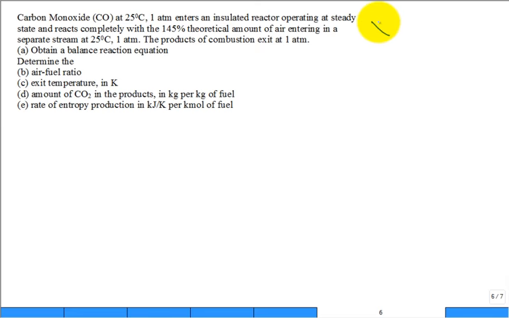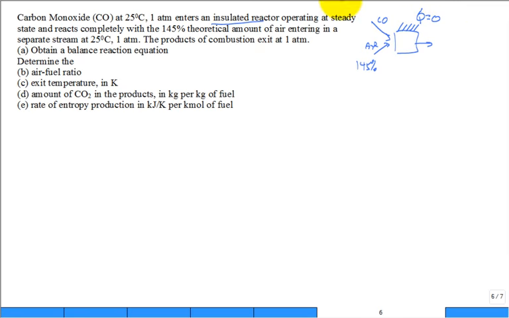So you have the fuel, which is CO, and then you have air, and it reacts and comes out. It's going to come out completely combusted. The air is 145% theoretical air. It's a what type of reactor? Insulated. Q dot equal to 0.